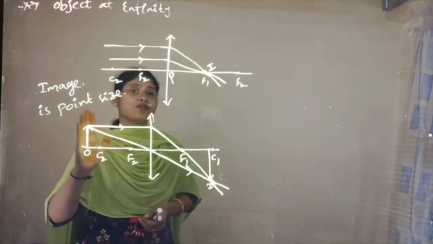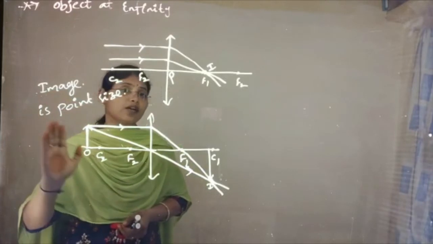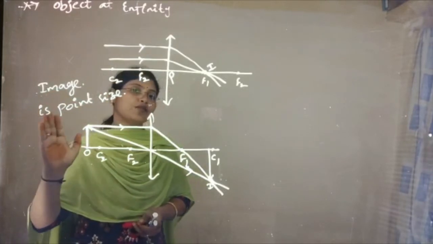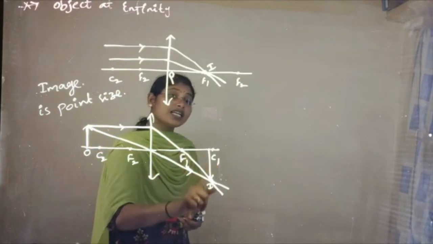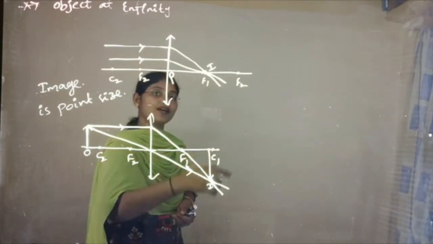So we are getting a diminished image, a real and inverted image.